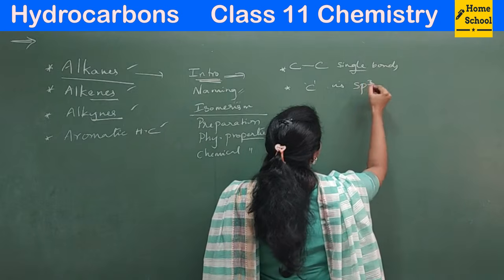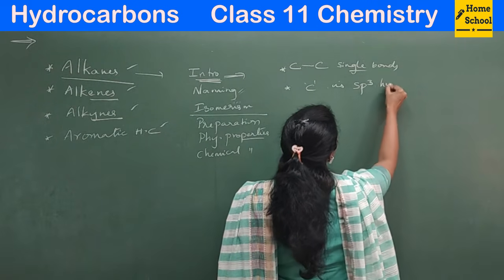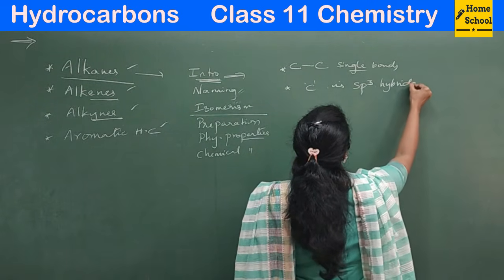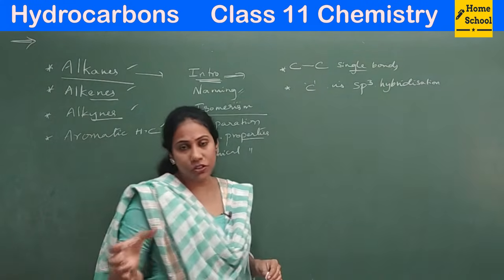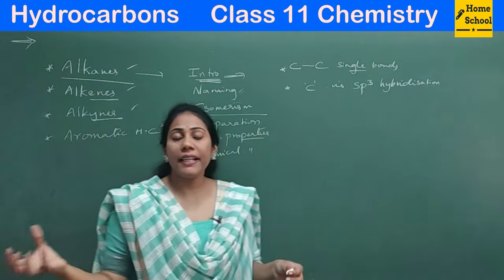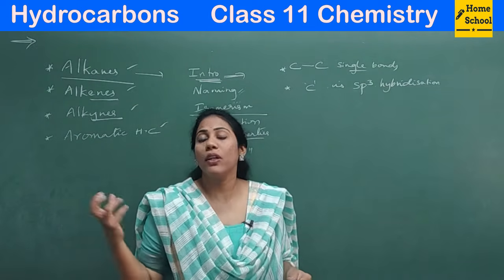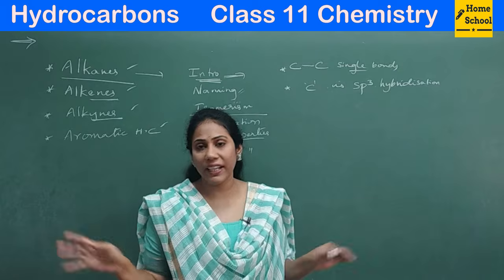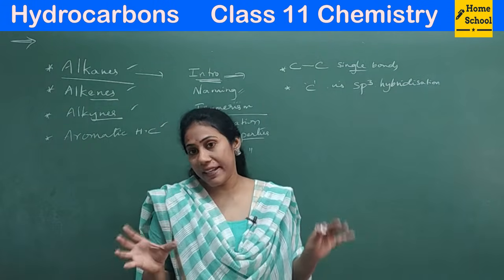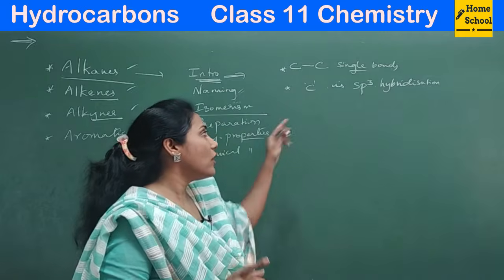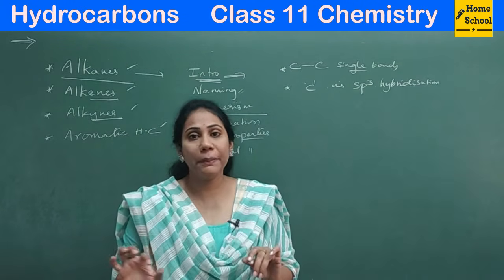Okay, so you must have an idea about this hybridization, guys. We have discussed this hybridization in my previous chapter, right? What way you can identify which carbon has what hybridization, all of that we have discussed. So any carbon which has single bonds around it will always show sp3 hybridization.